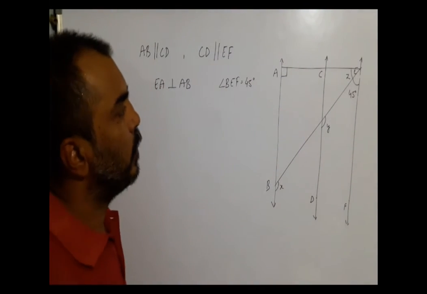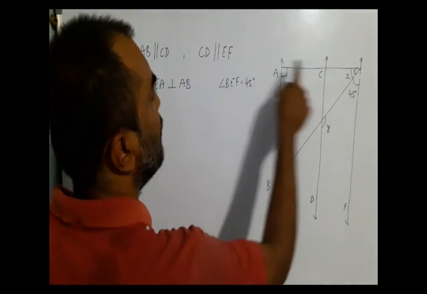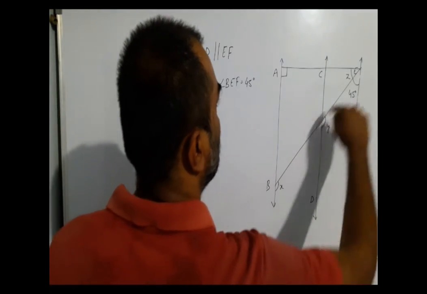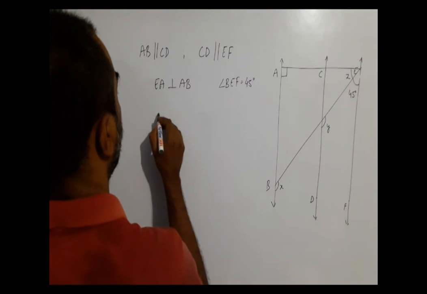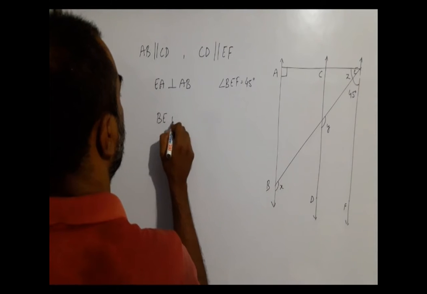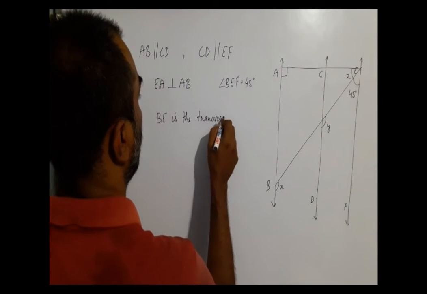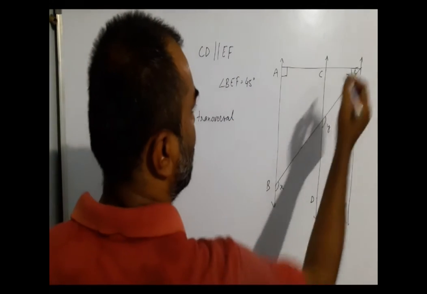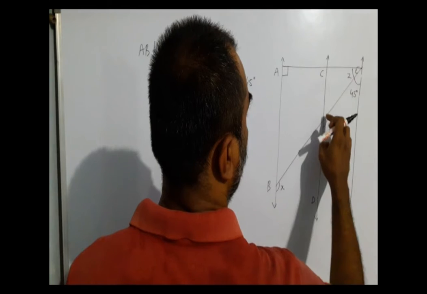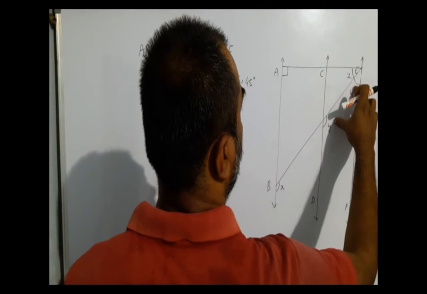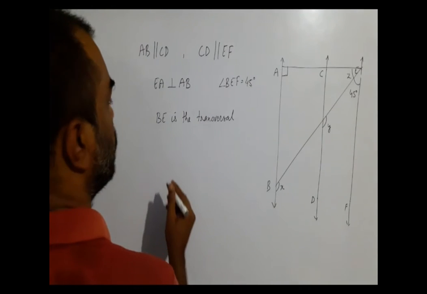Okay, now first look at line CD and EF. Line CD and EF are parallel and we can say BE is the transversal. So what relation do you know? If BE is the transversal, then these two angles 45 and Y, they are interior angles on the same side of the transversal, so they should be supplementary.